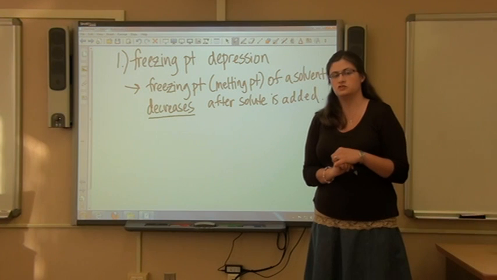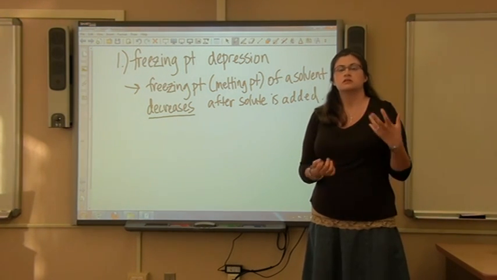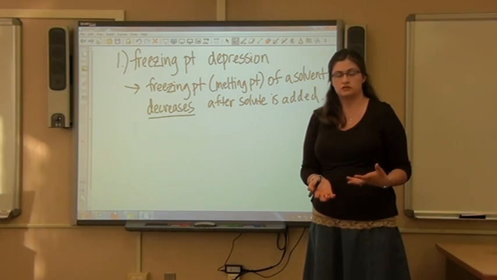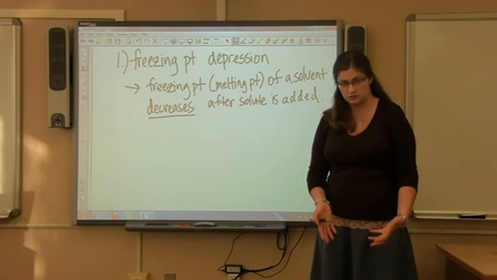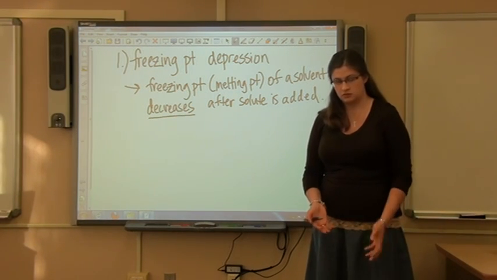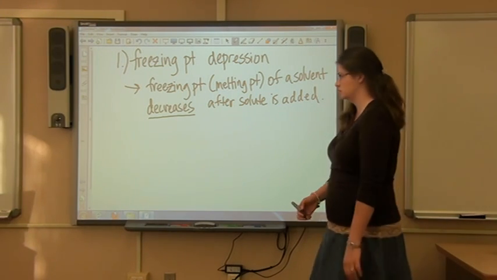So this is the definition I need you to know. When you add a solute to a solvent, its freezing point falls. It becomes a smaller number, or more negative.